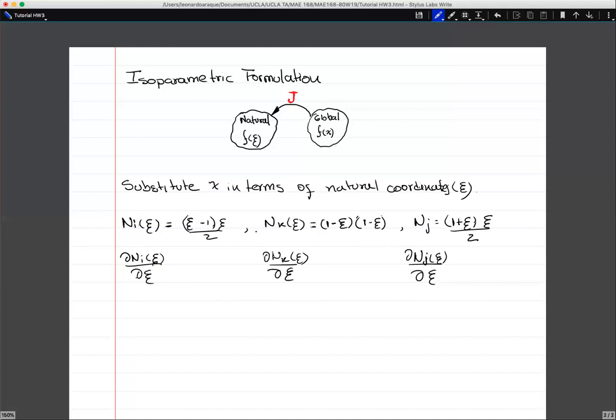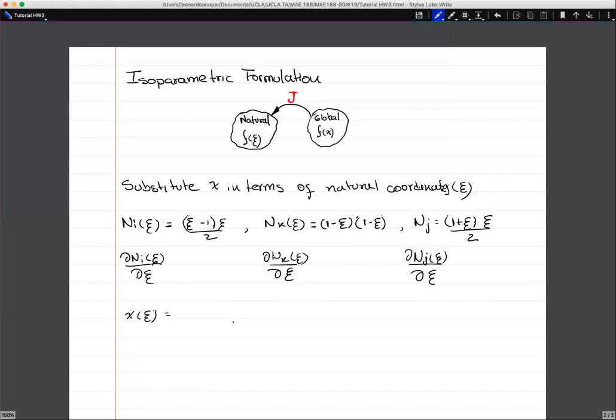So we have the shape functions in the natural coordinates and their derivatives as well. We can redefine some components of the weak form in order to reformulate our weak form in natural coordinates. So let's start for x. We want x to be a function of psi, right?